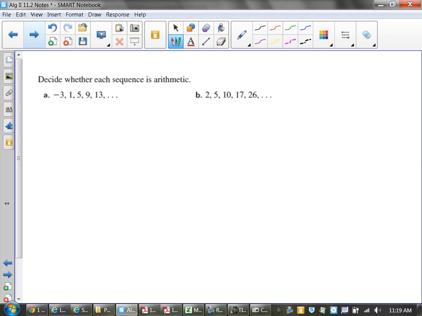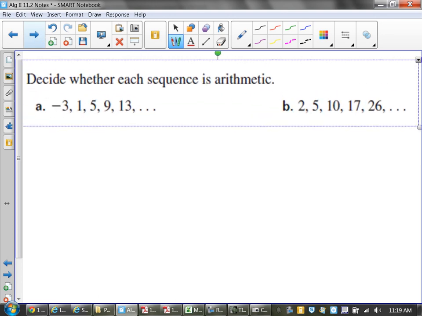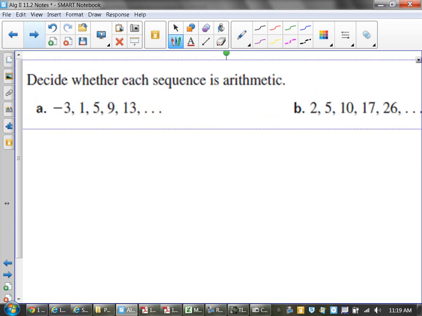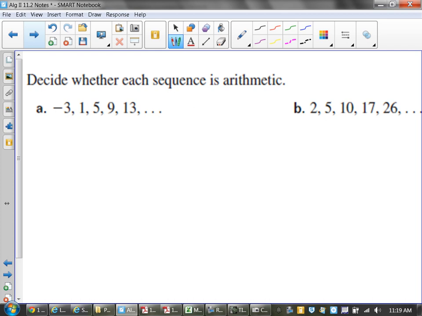For example, which one of these, or are they both, arithmetic? First one is, right? What's the common difference? 4, okay. So what we do here when we identify these, we notice that the same difference going between each one of them is you're adding 4.